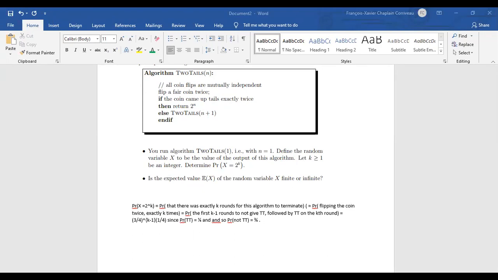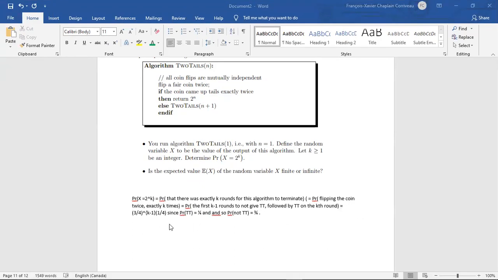So does that make sense so far? Okay. And now at this point, you just use independence, right? So this 3/4 is the probability of not getting tails tails on one round. How many times did that happen? k minus 1 times.